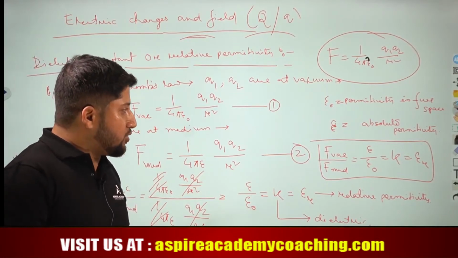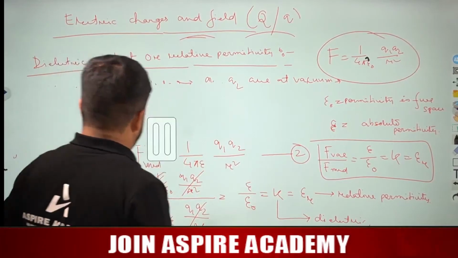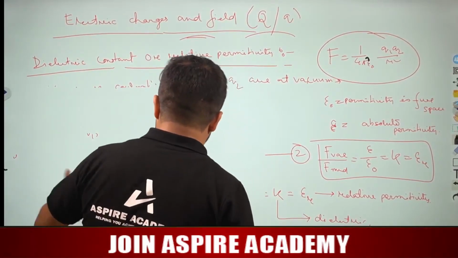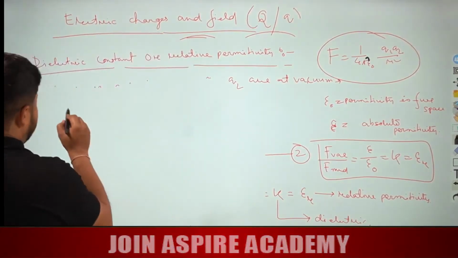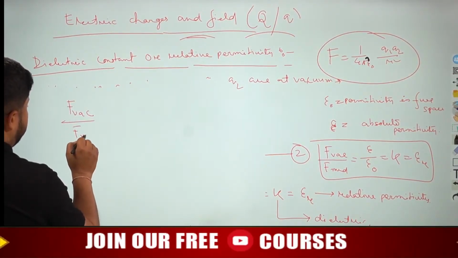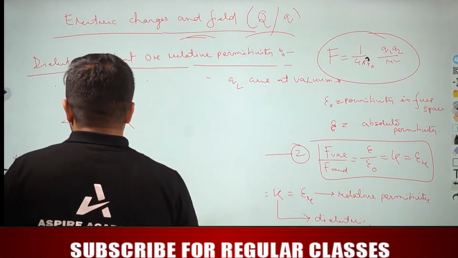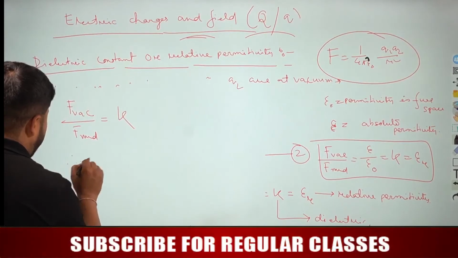So we can represent these as two formulas. F vacuum by F medium is equal to kappa, because this is the dielectric constant. Now what is the formula for a medium?